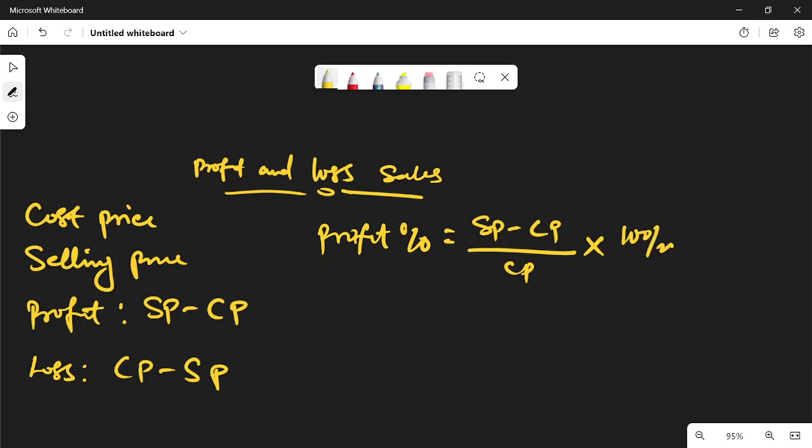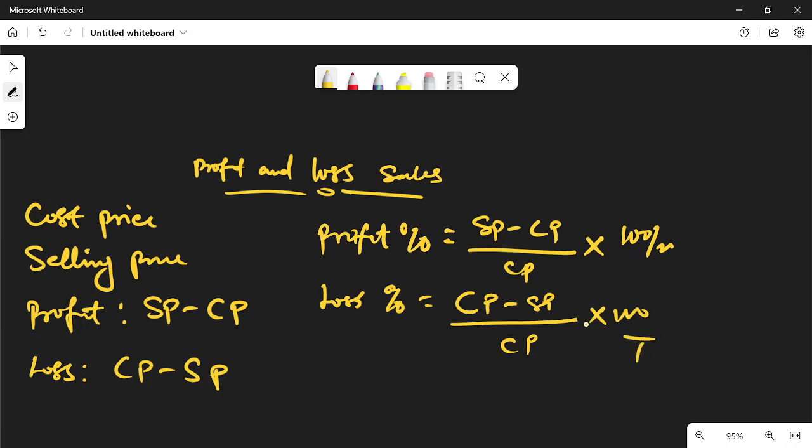Then the loss percent is going to be cost price minus selling price divided by the cost price multiplied by 100 over 1. So that's how to get your loss and your gain. That is the percentage loss and the percentage gain.